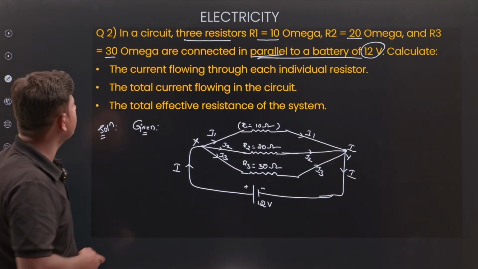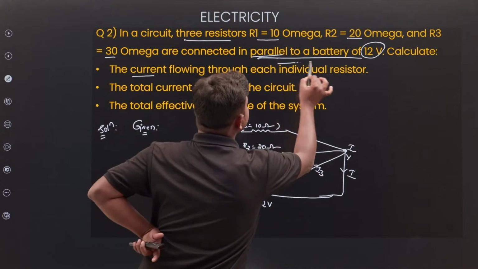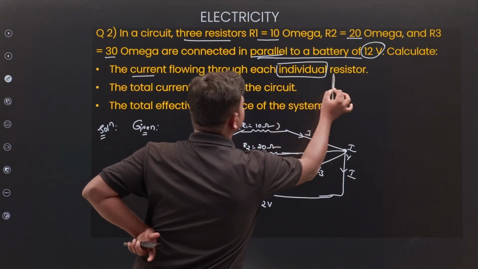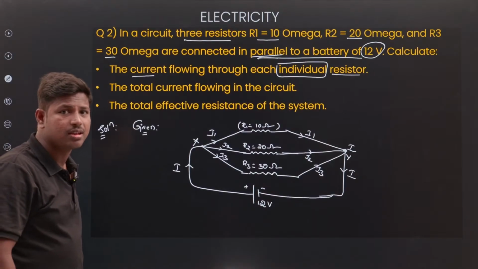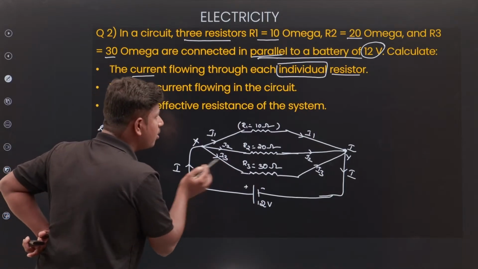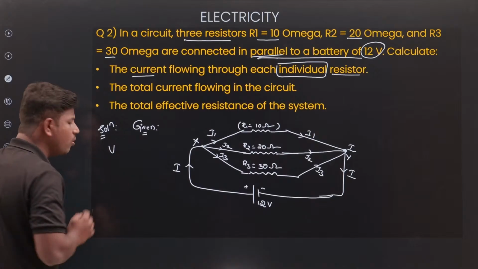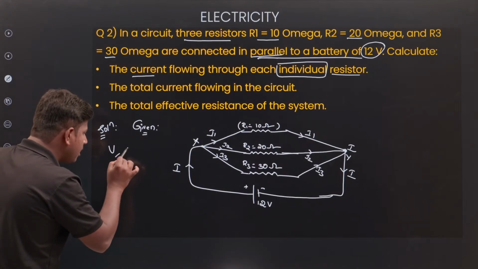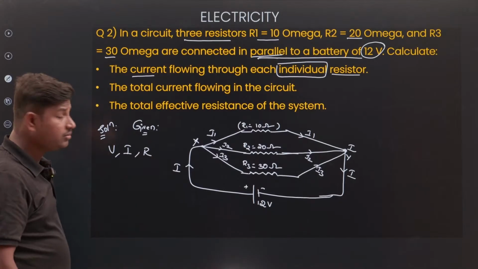Next, what do we want to find out? The current flowing through each individual resistor. To find this, what variables are required? Voltage, current, and resistance.